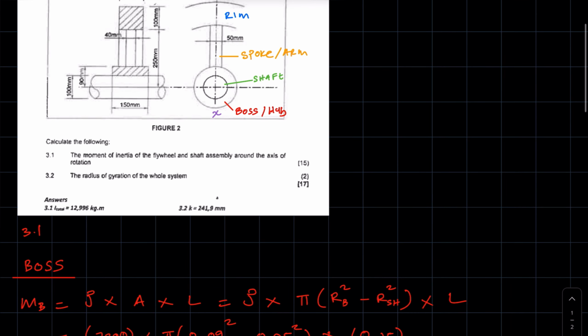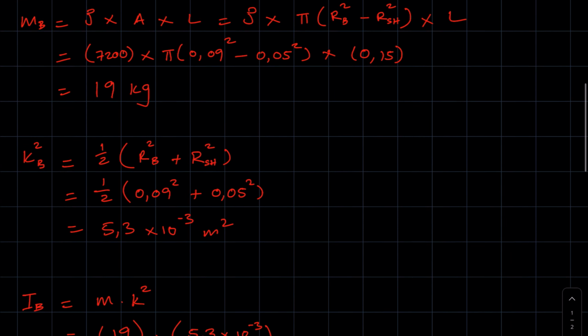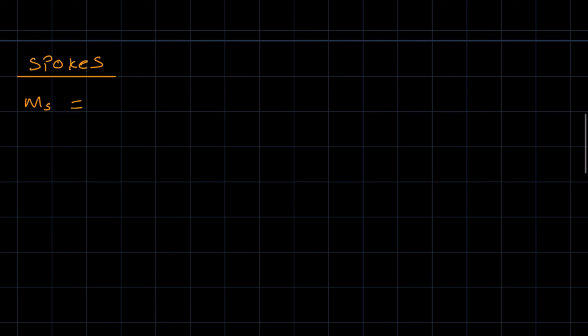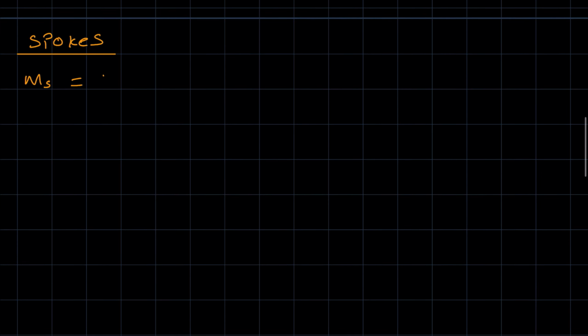So now we are going to move on to the spoke or the arm. We are going to do the very same thing for the spoke: calculate its mass, the mass of the spoke. So S stands for spoke. Even with this one, this is equal to rho times the area of the spoke times the length.